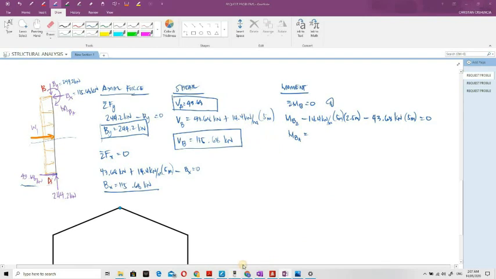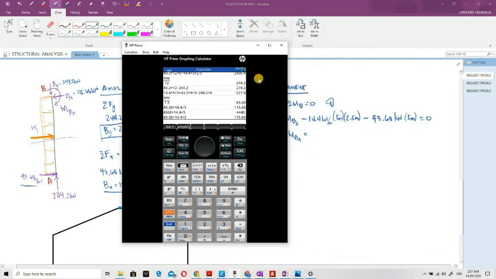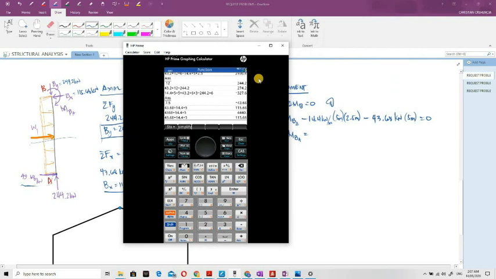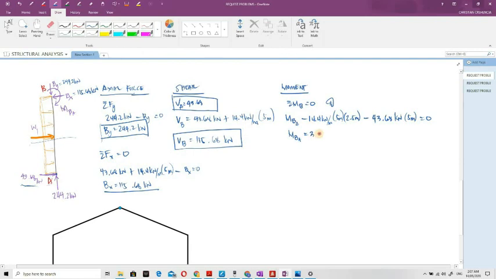So calculator natin. Magiging positive na parehas, no? Pag tinranspose sa kabilang side. So we have 14.4 times 5 times 2.5 plus 43.68 times 5 na moment arm. Okay, so we have 398.4 kilonewton meter.